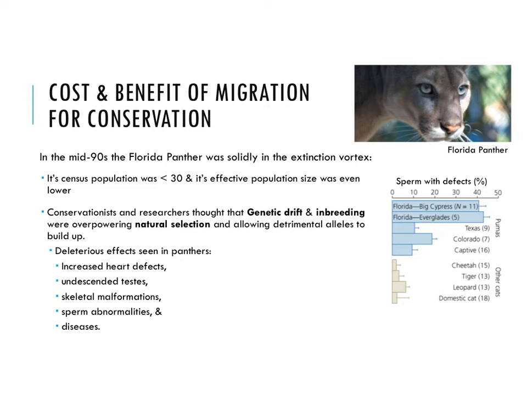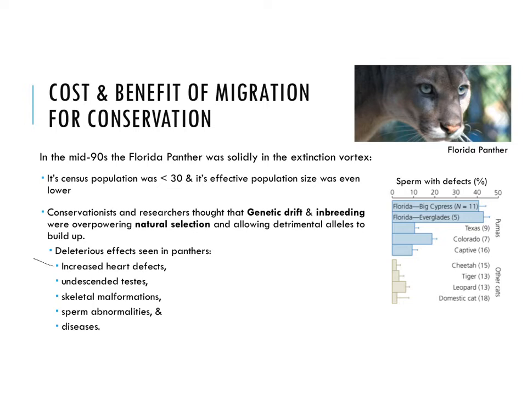So the population of panthers had increased heart defects. Some of them couldn't reproduce. They were sterile because they had undescended testes. They had skeletal malformations, especially in the tail. They had these bent tails. Their sperm also had abnormalities.